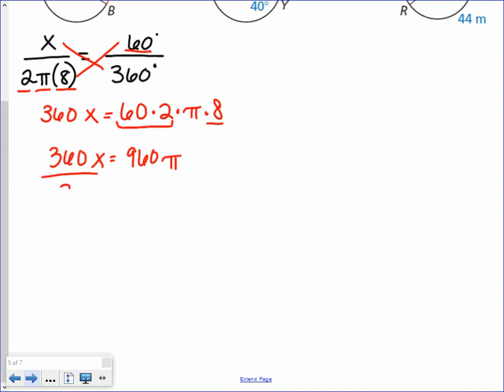And then how do I get x by itself? Divide by 360. And so now I can hit 960 times pi and get a decimal, but now it's a little more exact than it would have been up there if I would have rounded right away. So type in 960 times pi, and you can type it all in at once. I'm not going to tick off for that. I just like to keep it as exact as I can until the end. So 960 times pi, everyone type that in.